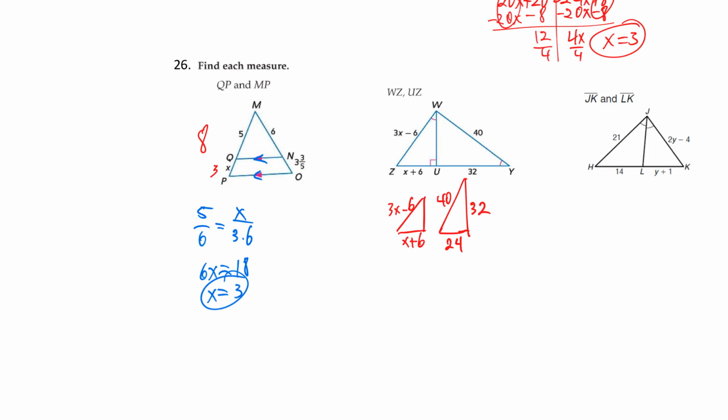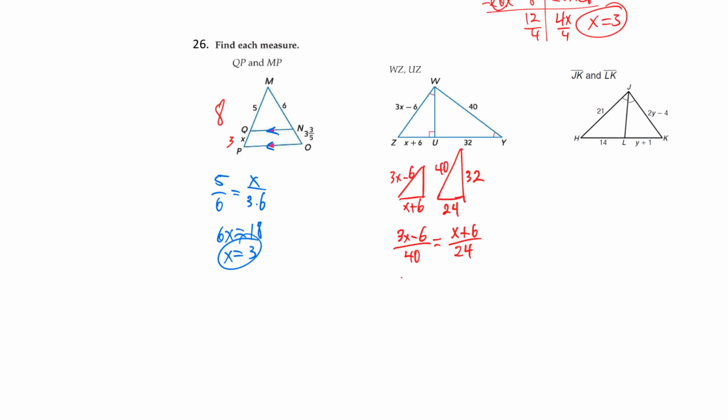Okay. So 3x minus 6 is to 40, which that part's still the same, but x plus 6 is to 24. Okay, so we get 40x plus 240 equals 72x minus, let's see, oh, it's just that double, so it's going to be 144.